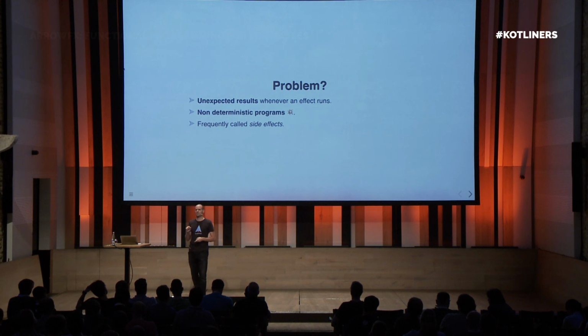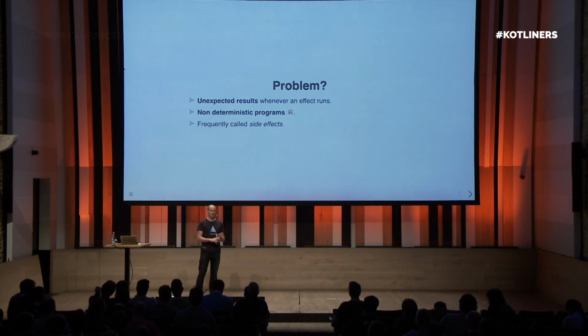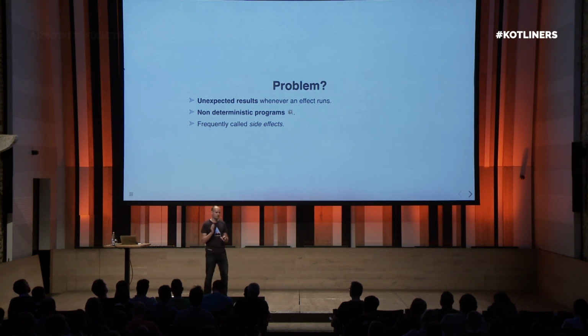The problem with those is that they can increase the percentage of ambiguity, we could say, over your code. You cannot reason about your code in a deterministic way anymore, because if you are calling a server, it could fail, it could be slow, a bunch of things could happen. So it's not returning the same result every single time.